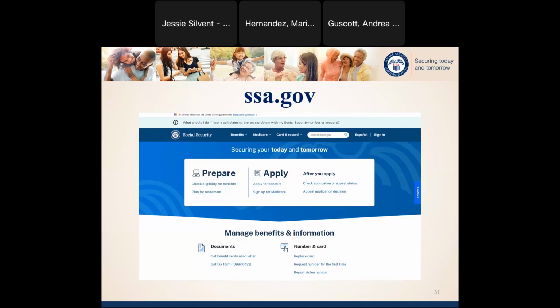People can also apply for retirement, disability, or Medicare on our website with a My Social Security account. They can also check their application status or appeal status after they have applied for benefits. So there's just so many great tools and resources available on our website, which is available and accessible 24/7. Next slide.